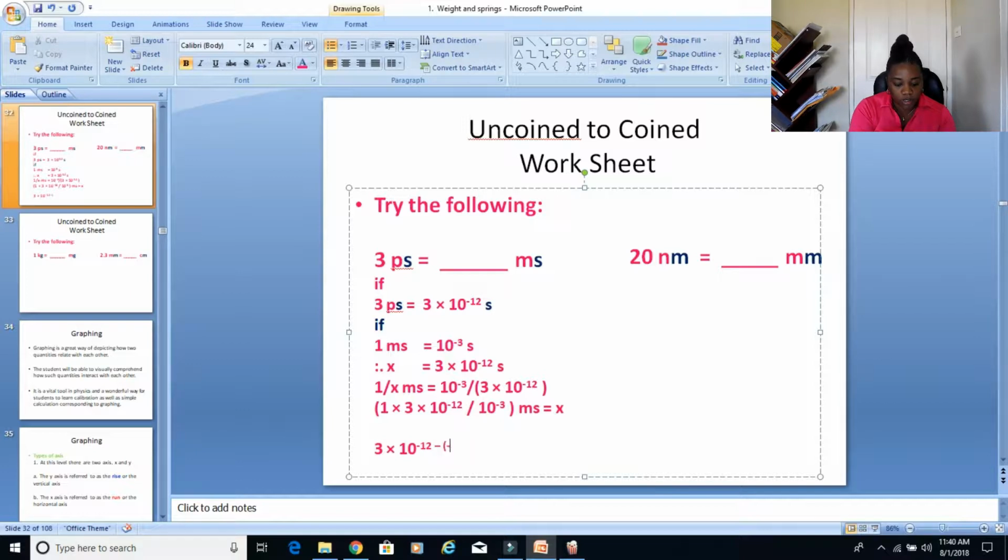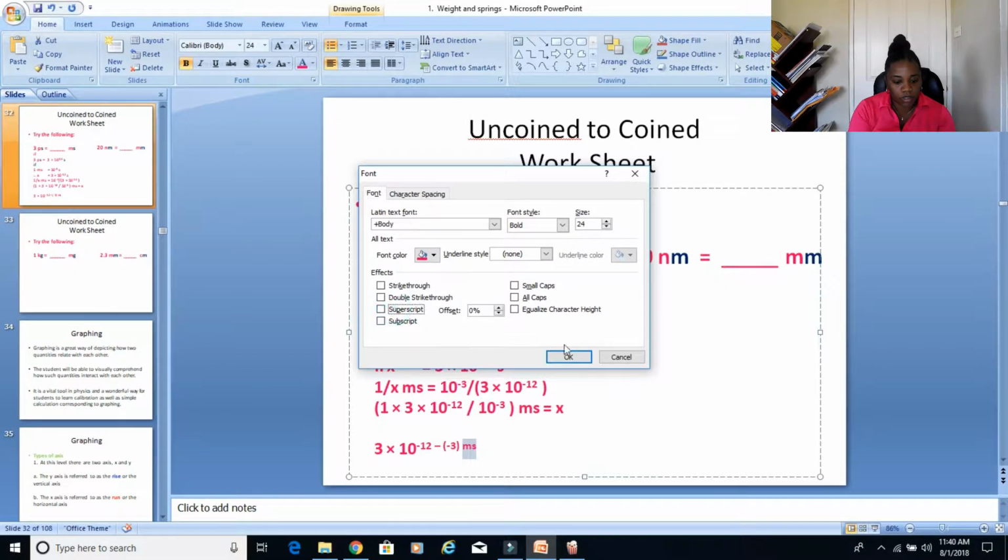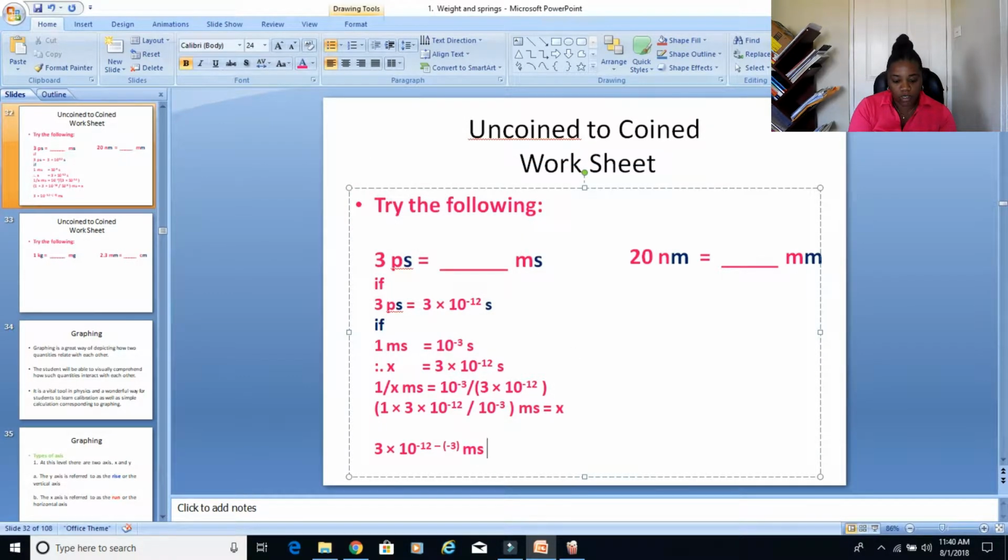So minus 3 ms equals x, and that will give us this beautiful answer of negative 12 plus 3, which will give us negative 9. So put negative 9.